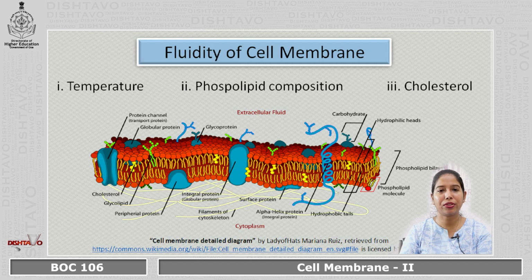But at low temperature, it interferes with interactions between fatty acid chains and prevents membranes from freezing. At the high concentration found in the eukaryotic plasma membrane, cholesterol tends to make the membrane overall less fluid at growth temperature near 37 degrees centigrade.